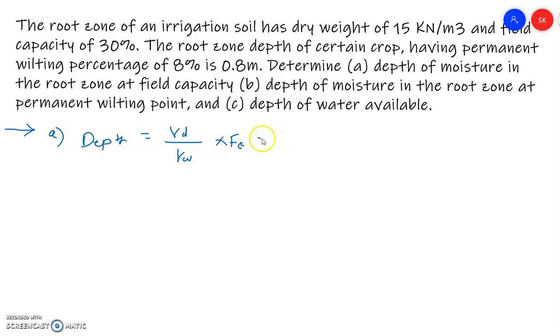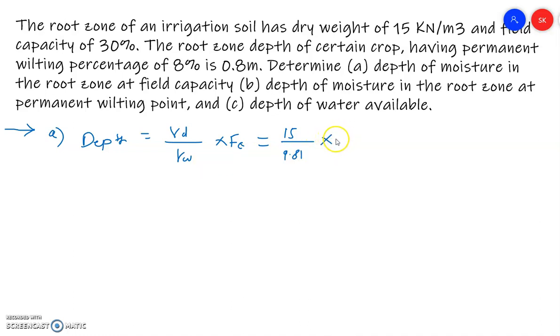So this is what we are doing, the depth of the moisture in the root zone we are calculating right now. So we know that gamma d value is 15 kilonewton per meter cube, and gamma w is 9.81. This 9.81 is constant for gamma w, the unit weight of the water, in kilonewton per meter cube.